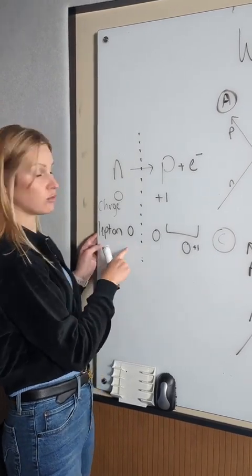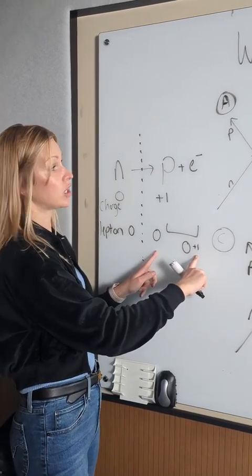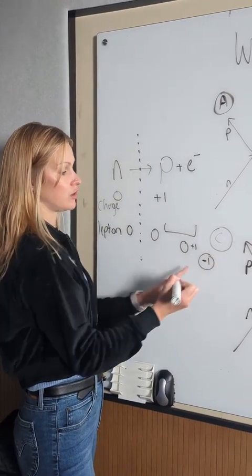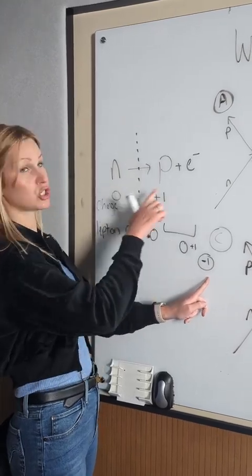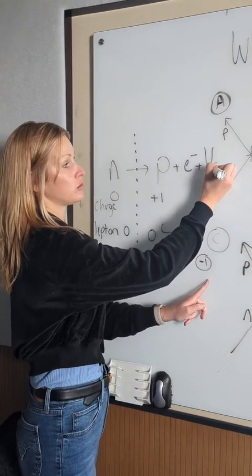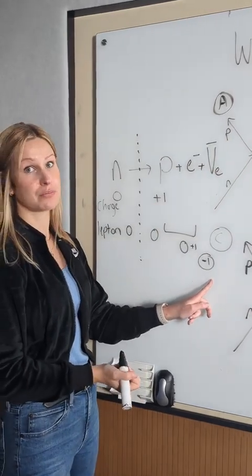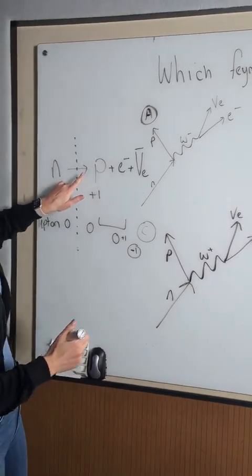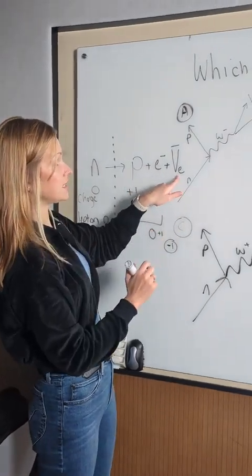So if I've got 0 for lepton number on this side and +1 on this side, I need something with a negative lepton number, so I need an antiparticle. But it needs to have 0 charge, so the only antiparticle that makes sense would be a neutrino. And I show it's an antiparticle by putting the line on top of it. So that's what I'm looking for first: a neutron changing to a proton and giving me an electron and an antineutrino.